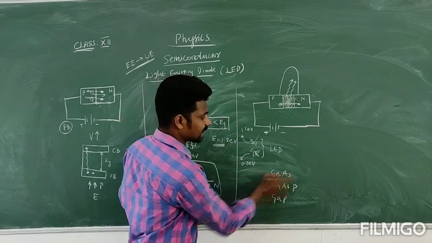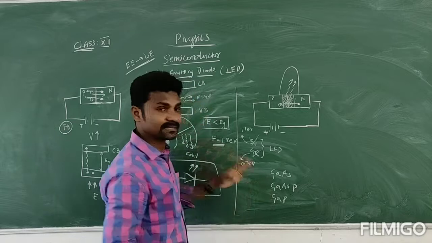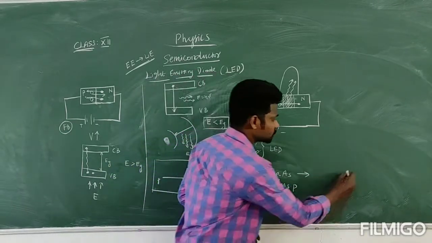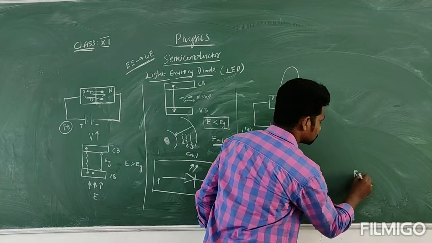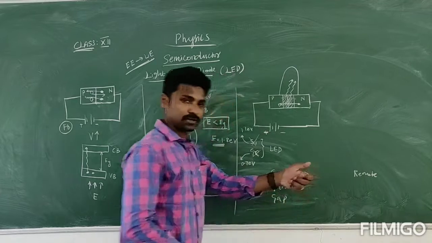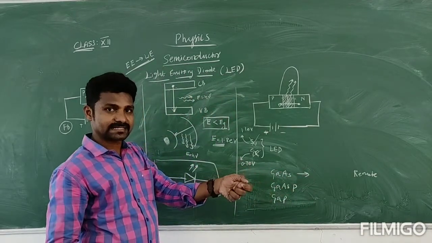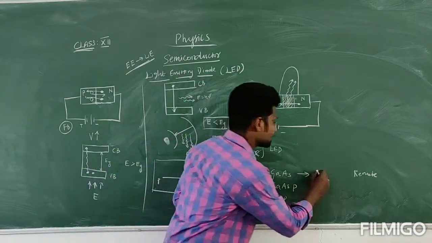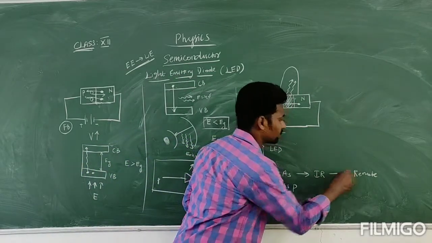For example, the combination of gallium arsenide is useful in the remote. We know the TV remote has an LED, but that light is not visible because it is IR radiation.